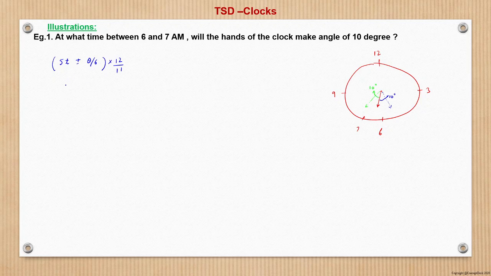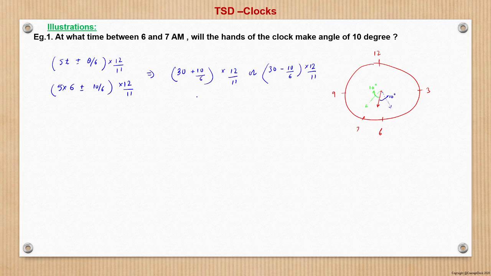So here it will be 5 times the value of t, which is 6, plus minus theta, which is 10 degrees, so 10 by 6, into 12 by 11. From here we can say 30 plus 10 by 6 into 12 by 11, or 30 minus 10 by 6 into 12 by 11.